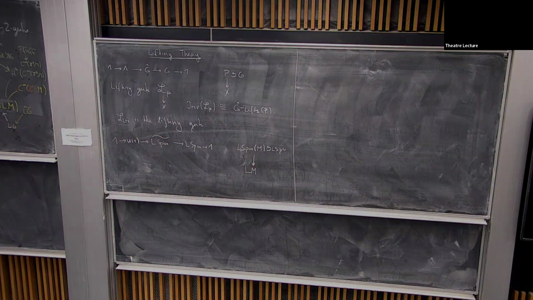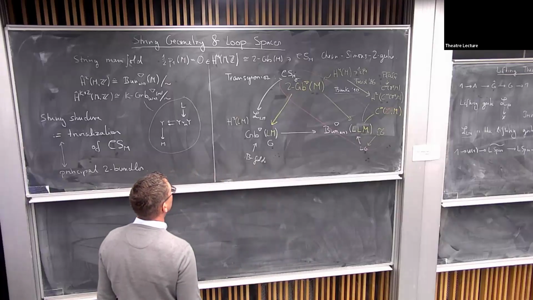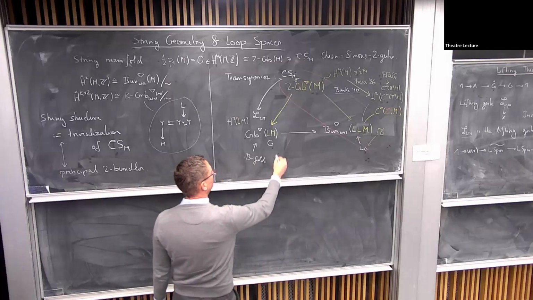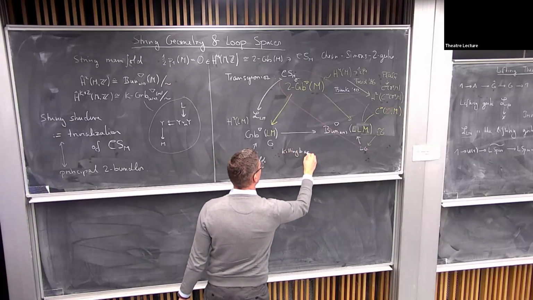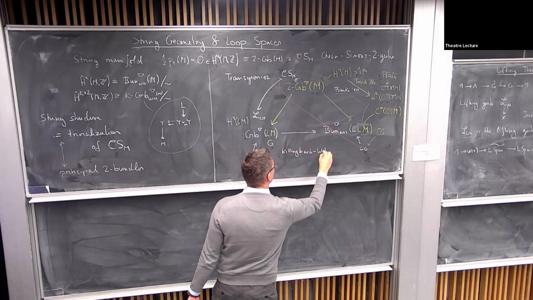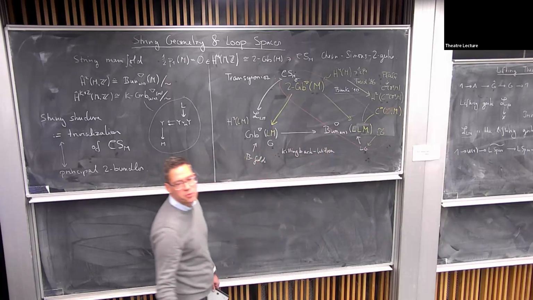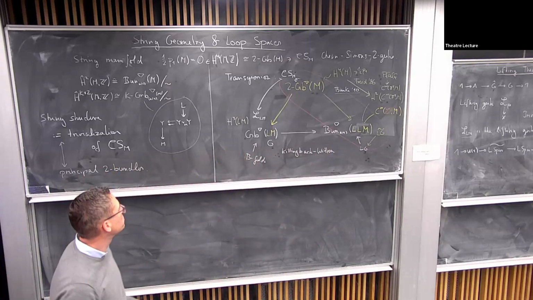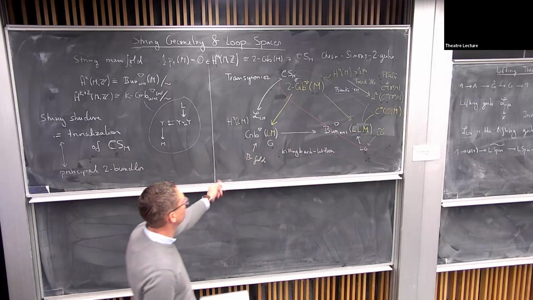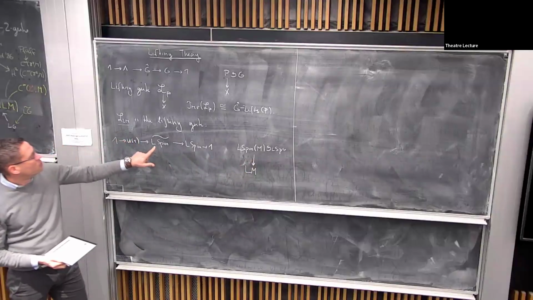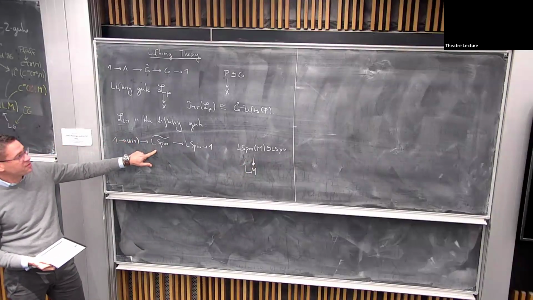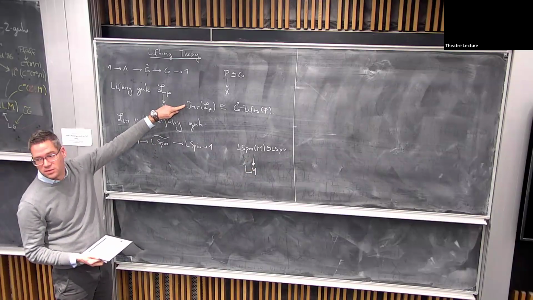And that's what also appeared in the string theory literature in work of Killingback, also Witten, as a pre-version of what a string structure could be. A string structure could also be a lift of the structure group of this bundle to L-spin-tilde. Such a lift is a trivialization of this lifting gerb.